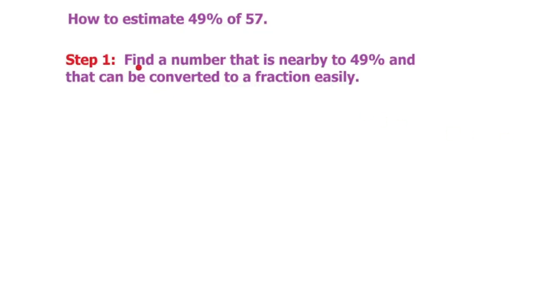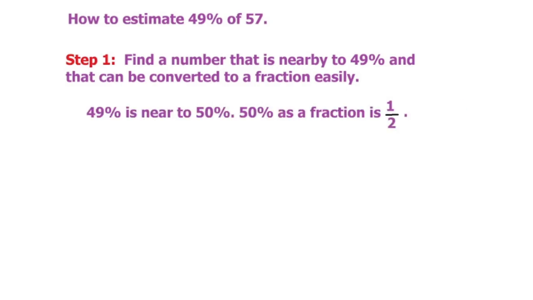So the first thing to do is find a number that is nearby 49%, and that can be converted to a fraction easily. So 49 is near to 50%, and 50% as a fraction is 1/2, right? 50% is half of something, which is 1/2.